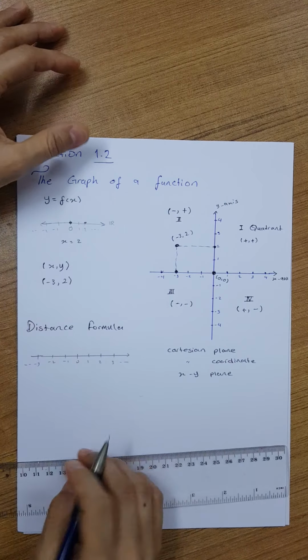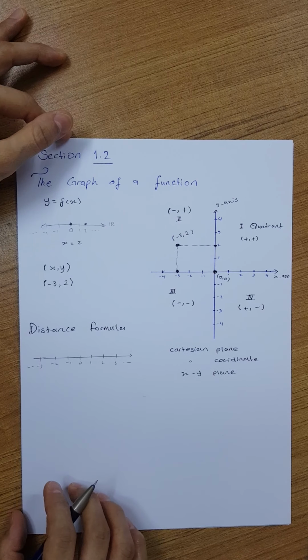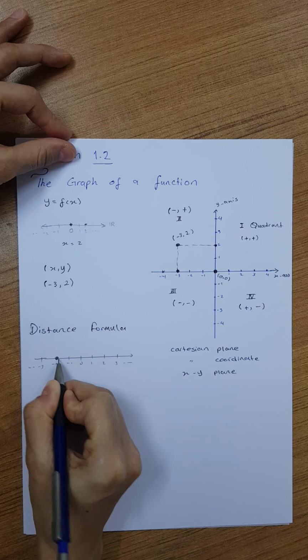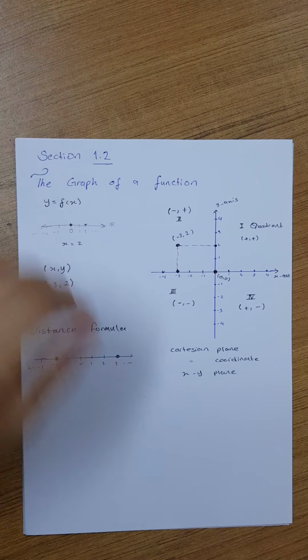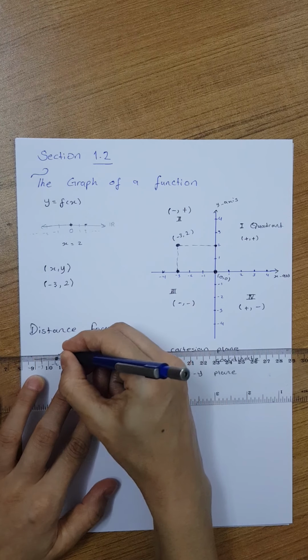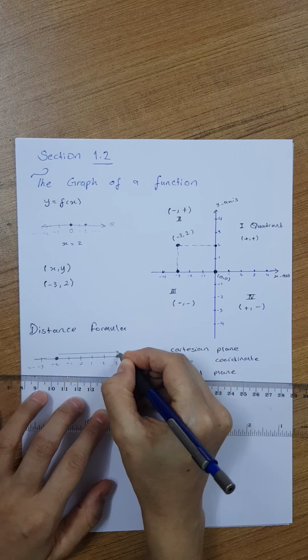If I wanted to find the distance between, for example, -2 and 3, how would I find it?